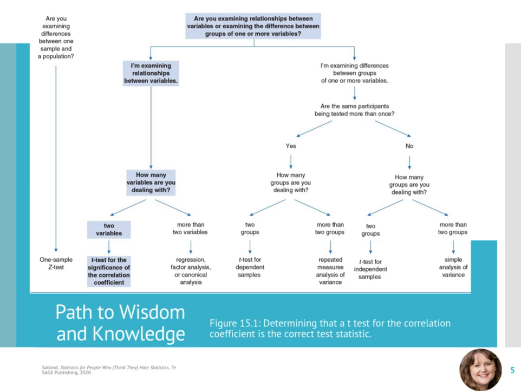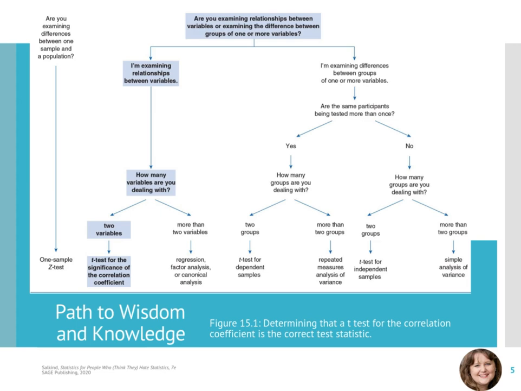So let's go up to the top. Are you examining relationships between variables, or examining the difference between groups of one or more variables? If you're examining relationships between variables, then you follow that bold gray box there to go down. Now you're in correlation land. And if it's relationships, remember it's always about relationships, magnitude, all of that, then how many variables are you dealing with?